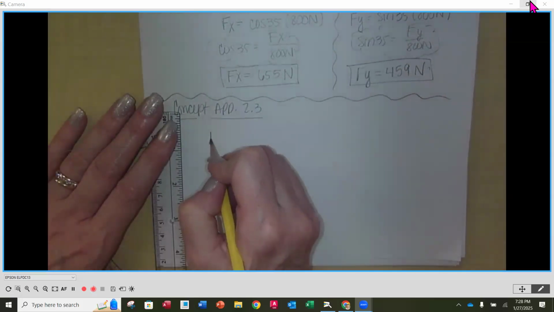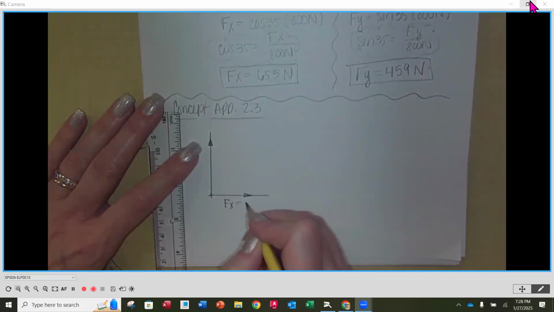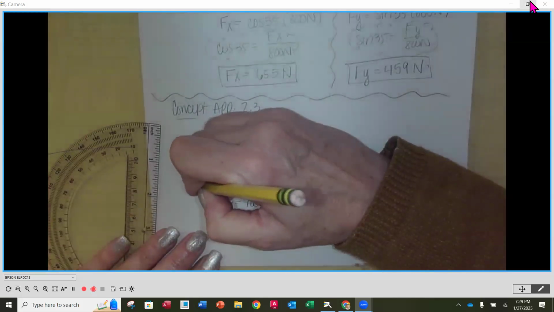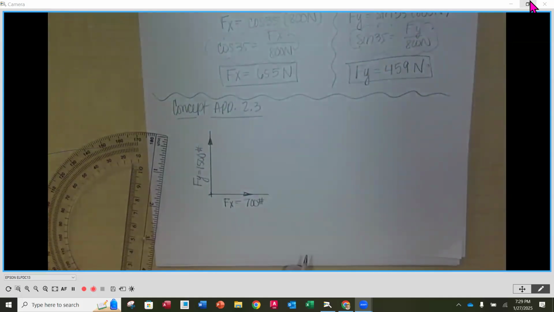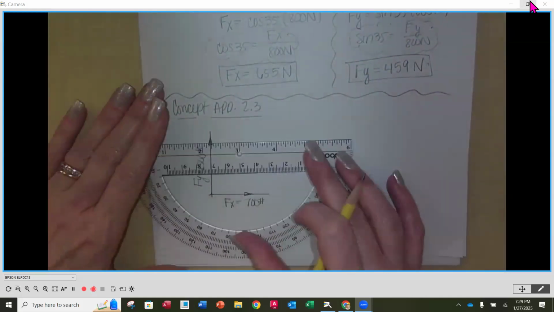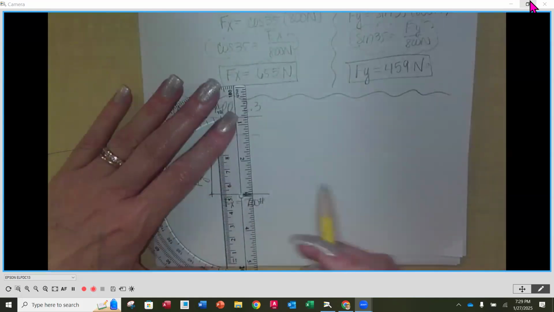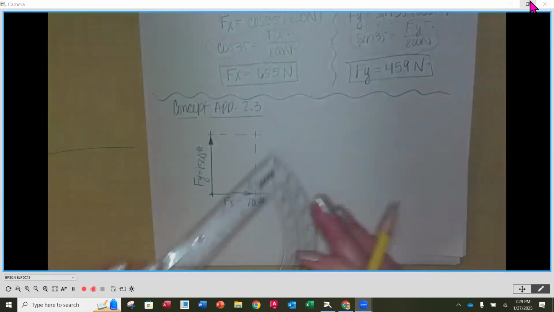So we have a taller Y and a shorter X. Fx is equal to 700 pounds, and Fy is equal to 1500 pounds. Proportionally, probably not quite there, but that's okay. Again, this is for illustration purposes only, so it doesn't have to be perfect.